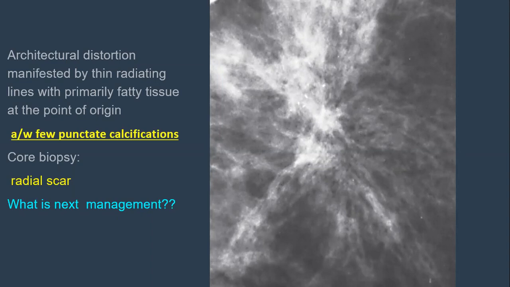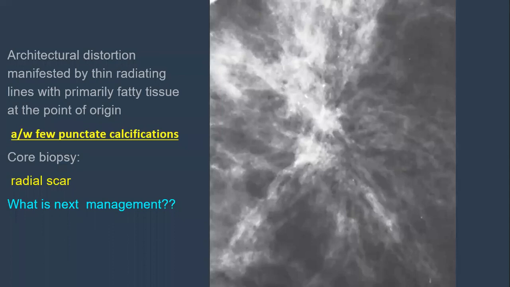The complex sclerosing lesion radial scar, as we mentioned, and sclerosing adenosis, and something called columnar alteration with prominent atypia, something like that. I don't remember exactly. But these are the lesions you see in the core biopsy.